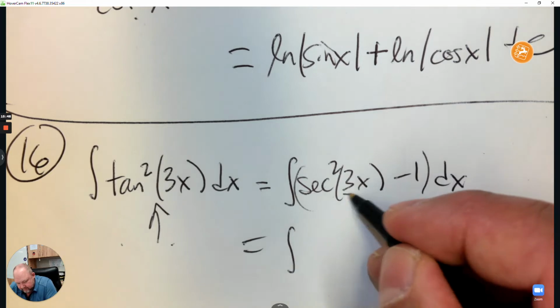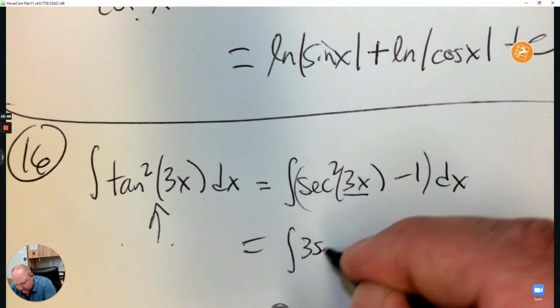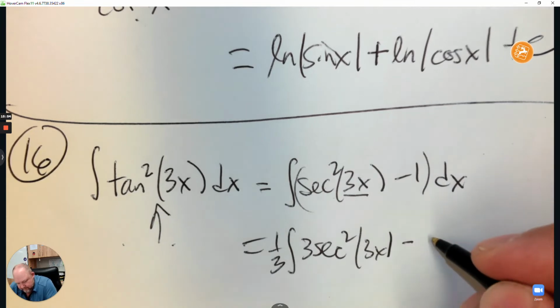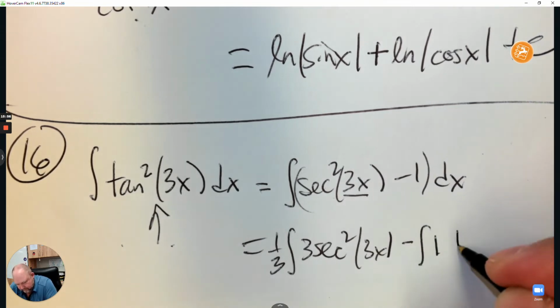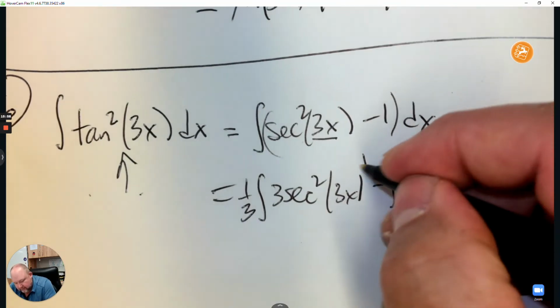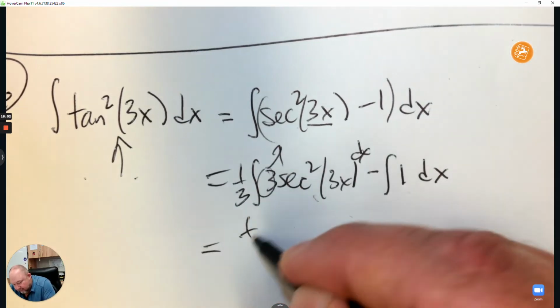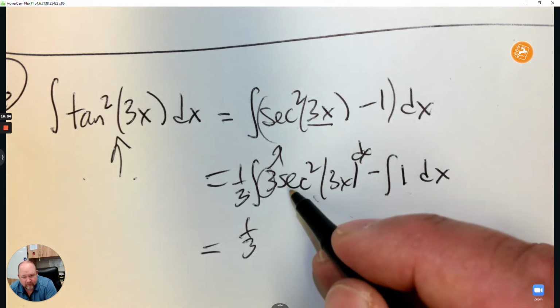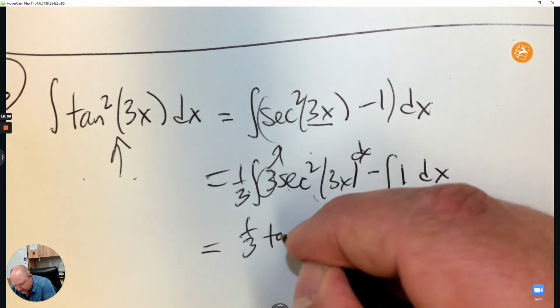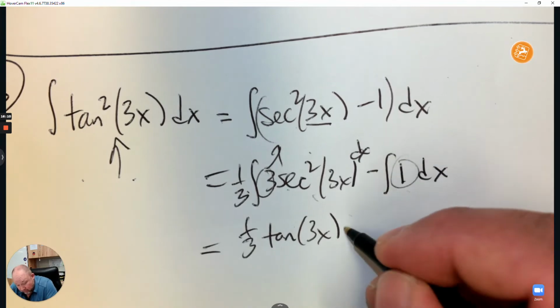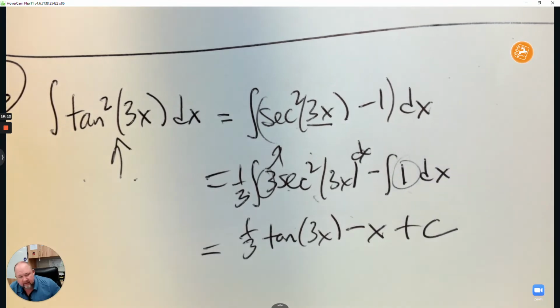The derivative of 3x is 3, so I need a 1/3. And just, oops, don't forget the dx's. I'm separating it into 2. The antiderivative rule for secant squared is tangent, and the antiderivative rule for 1 is just x. Done.